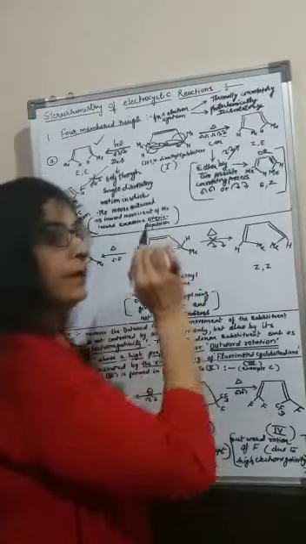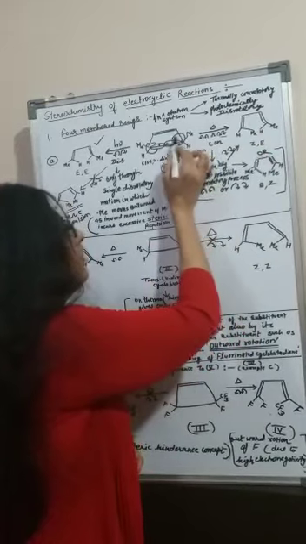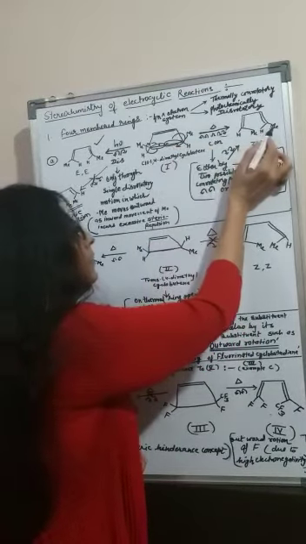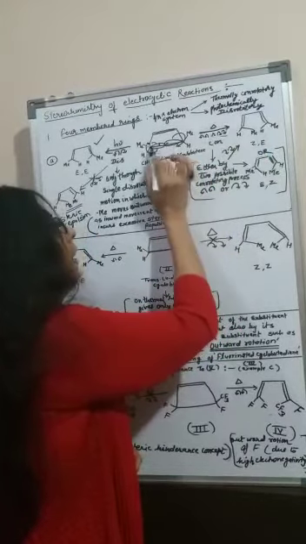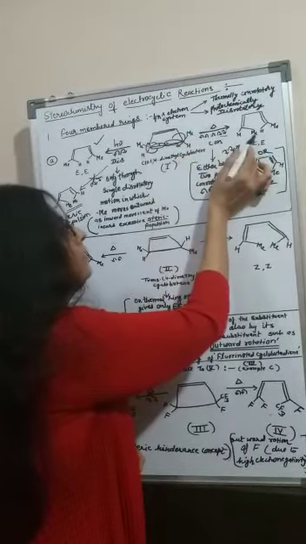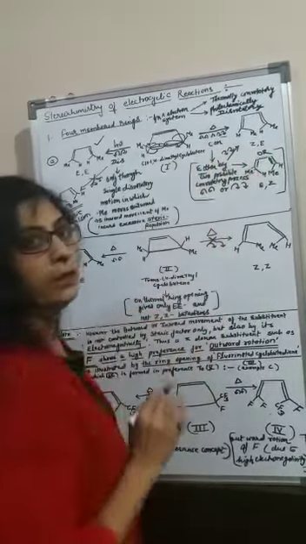So this product is formed clockwise: this Me will move outward, this H will move inward, and here Me will be moving inward and H moving outward.